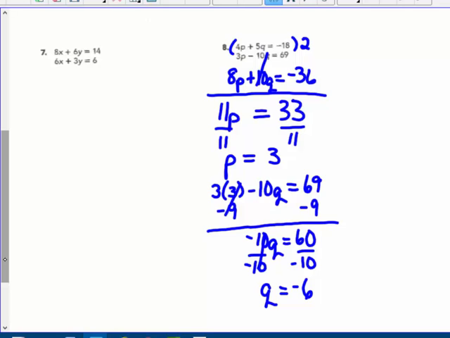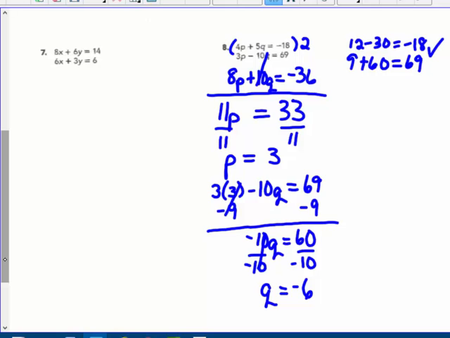4 times 3 is 12. 12 plus 5 times negative 6 is negative 30. 12 minus 30 does give me negative 18, so it checks in the first equation. 3 times 3 is 9, minus 10 times negative 6, well, that would be negative 60, minus negative 60 would be plus 60, and yes, that does equal 69.